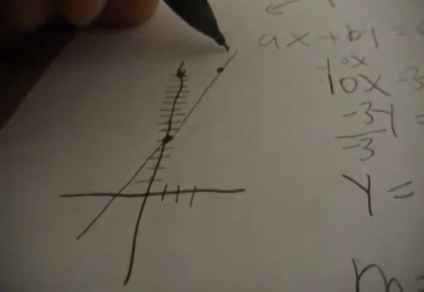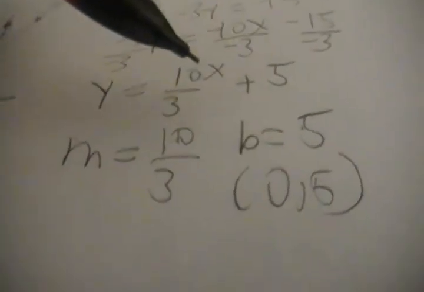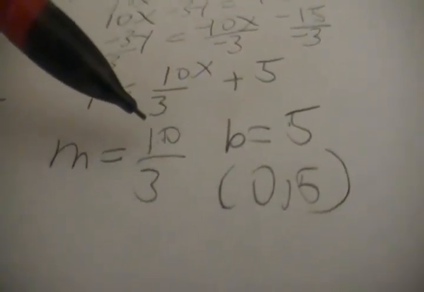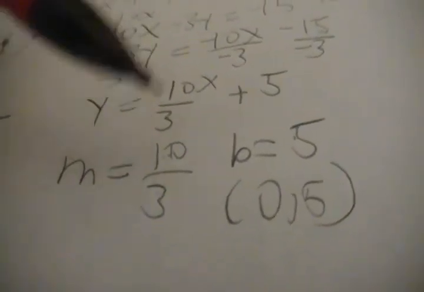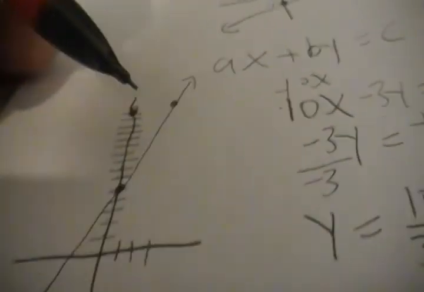So this is going to be a very steep line. Okay. Makes sense though, because 10 over 3 is roughly 3 point something. And then we have the x value. So, not so hard.